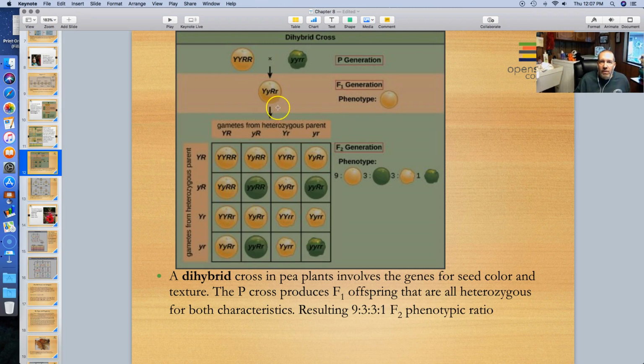And so it's just a matter of looking at these and thinking about all the combinations, right? You can have 2 uppercase alleles. You can have 1 upper and 1 lowercase allele. You can have a lowercase allele and an uppercase allele, like we have there. Or you could have a lowercase allele and another lowercase allele, like we have there.